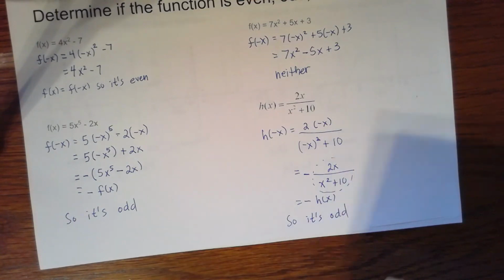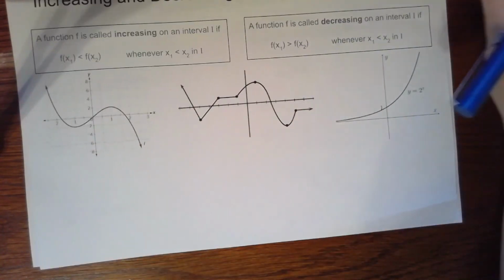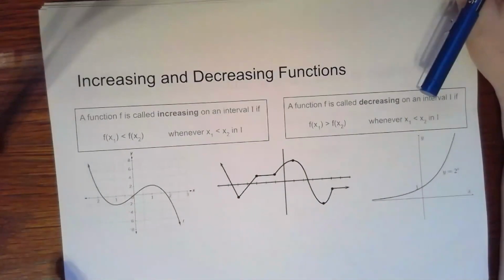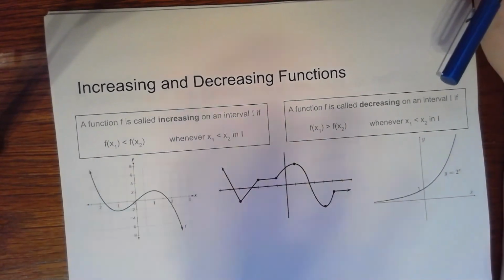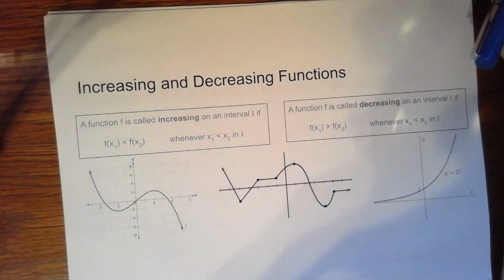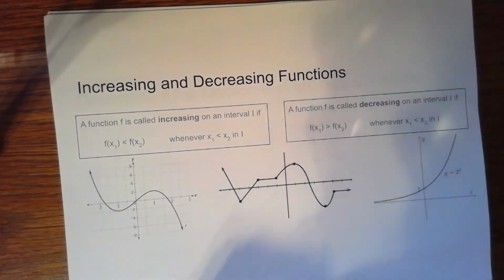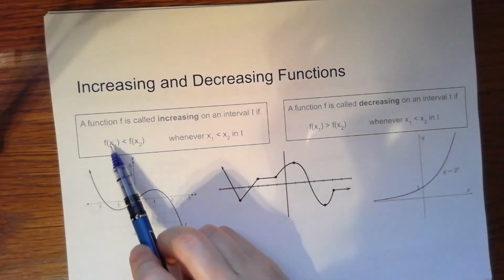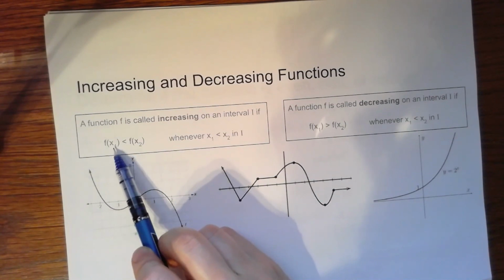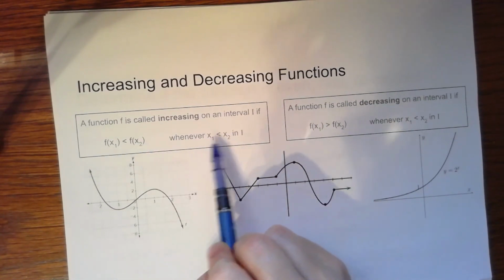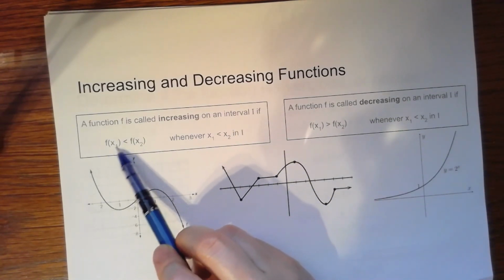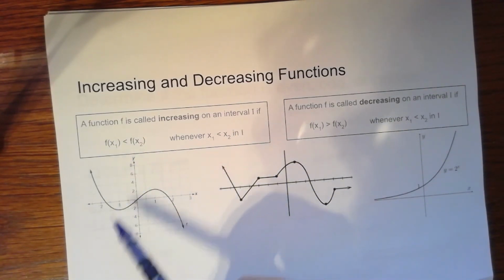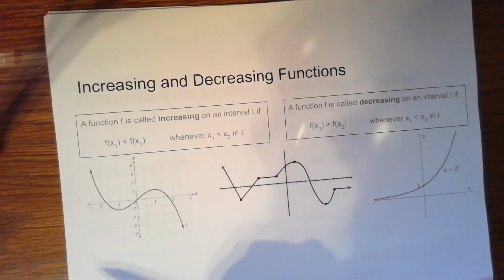Okay, and our very last definition, we've got increasing and decreasing functions. So a function is called increasing on an interval I if, no matter what, if you take a value x1 and it's smaller than x2, then the value of the function at x1 is less than the function at x2.